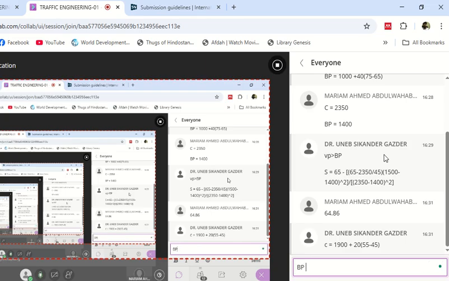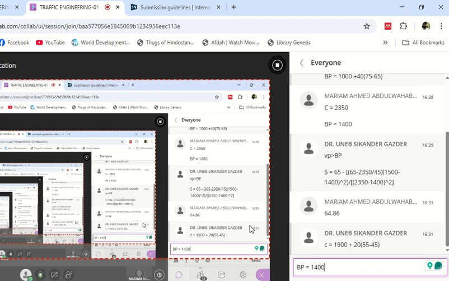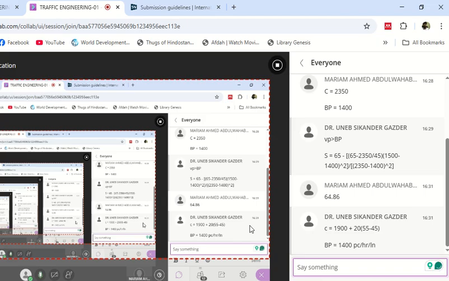Breakpoint is 1400, doesn't change. The units are passenger car per hour per lane. Even the flow rate is also passenger car per hour per lane. If it is not in these units, you need to convert it, and I will show you how to convert it.